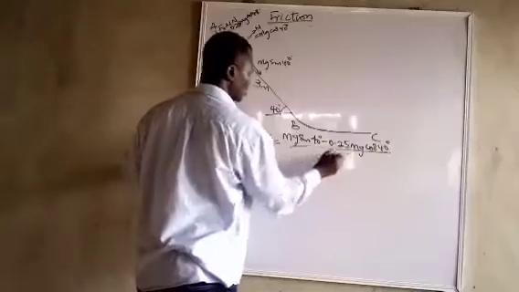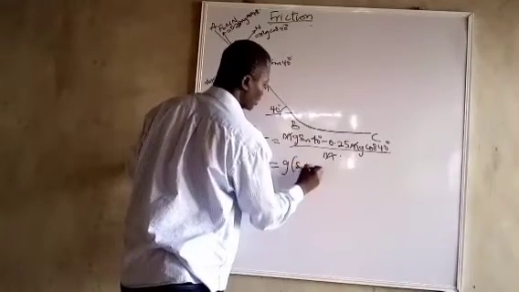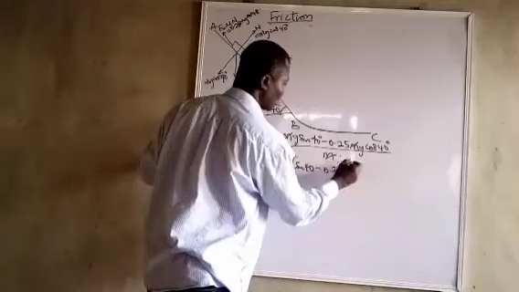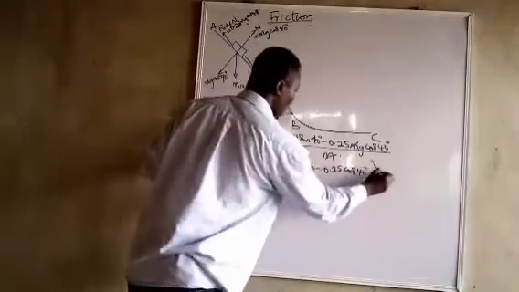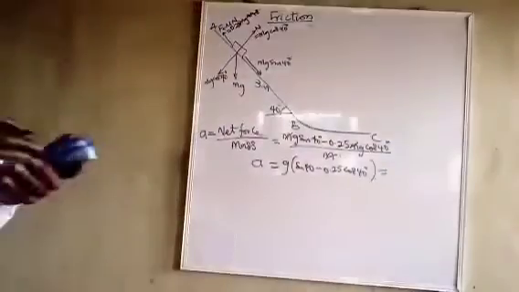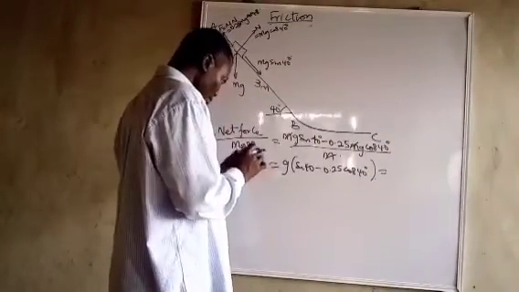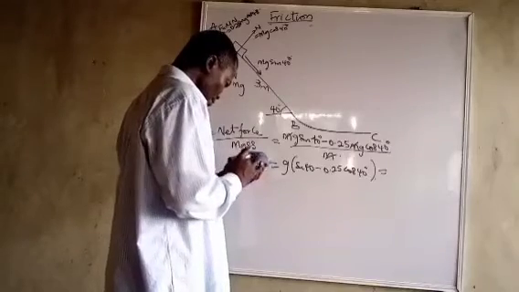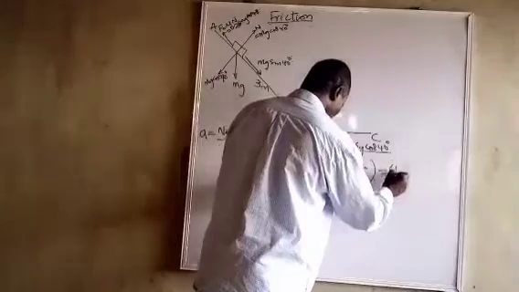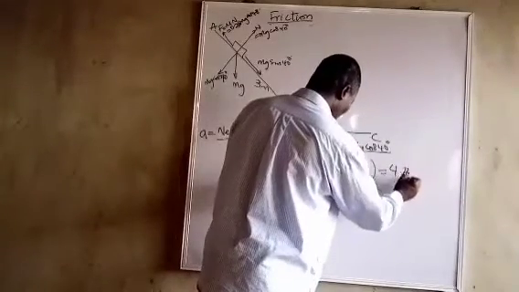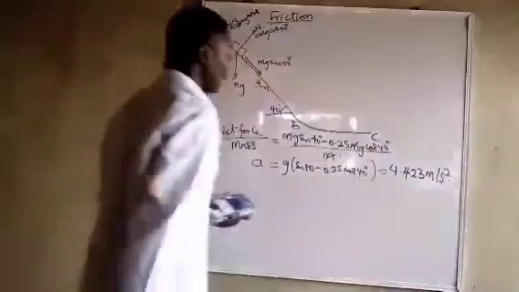And that's going to give us g times (sin 40 minus 0.25 cos 40 degrees). So that's our a, and our a is 4.423 meters per second squared.